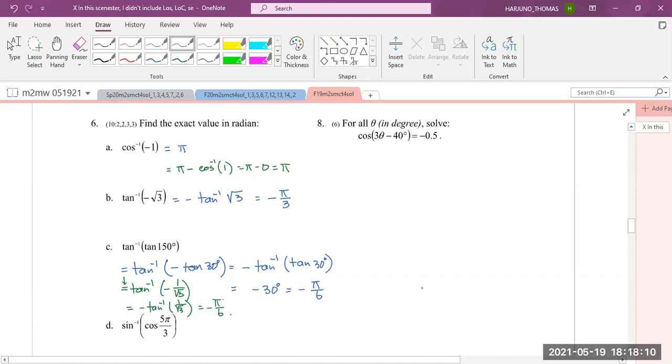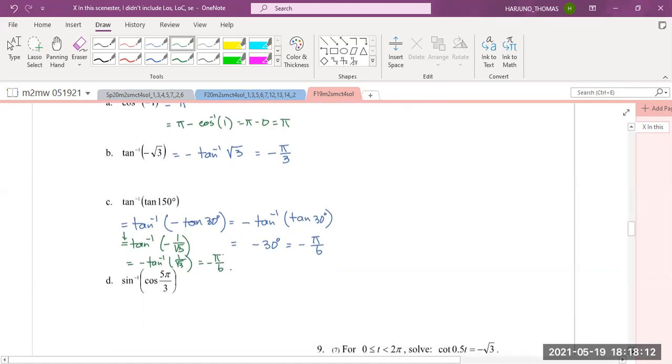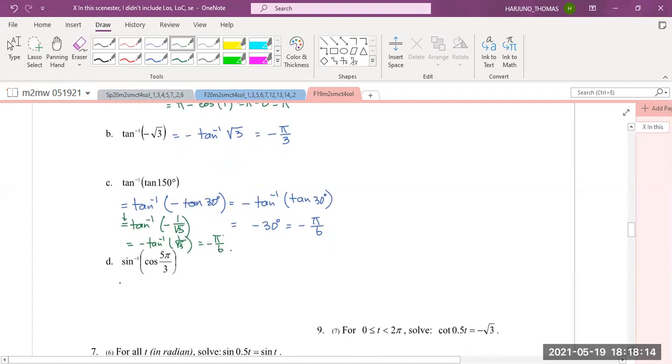Part D. What is sine inverse of cosine 5 pi over 3? Cosine in quadrant 4 is positive. The reference angle is pi over 3. Cosine pi over 3 is 1/2.